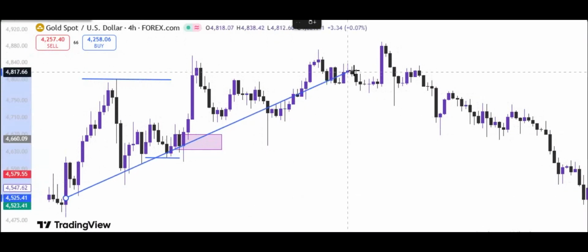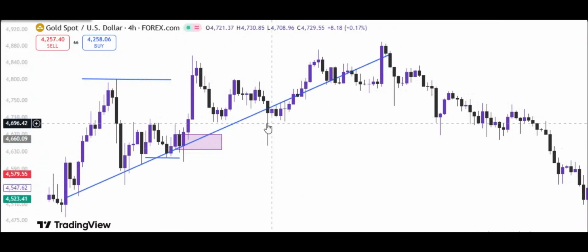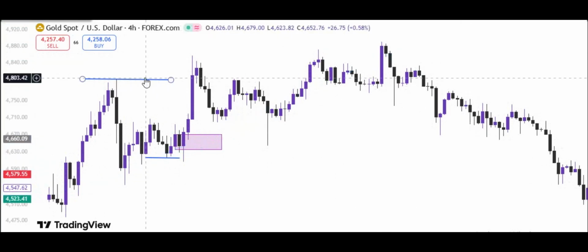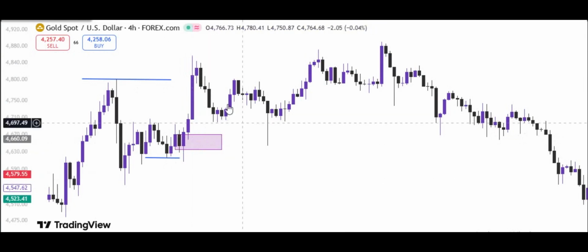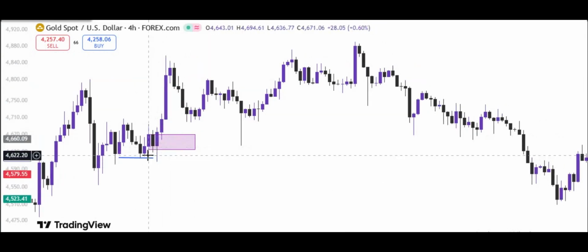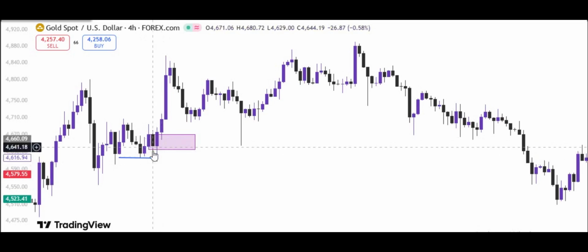So this order block is a perfect one because it has a bullish engulfing candle, just like I said. It must be engulfing, and number 2, it must take out liquidity either at the top or at the bottom. For a bullish order block, I want it to take out liquidity at the bottom, while for a bearish order block, it should take out the recent high.